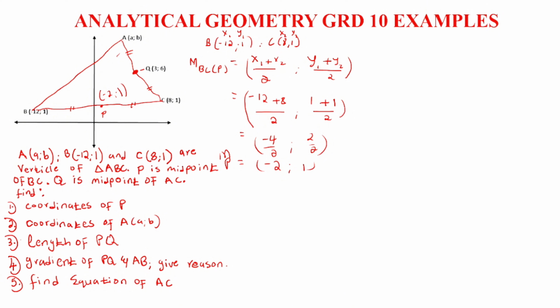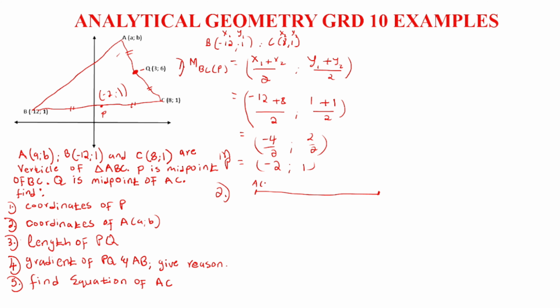Now let's continue. Let's have a look at question number 2. Let me just mark them. This was number 1. So number 2 would be the coordinate of A. A is unknown here, but we have got P, we have got Q and C. Let me just illustrate in terms of the diagram.